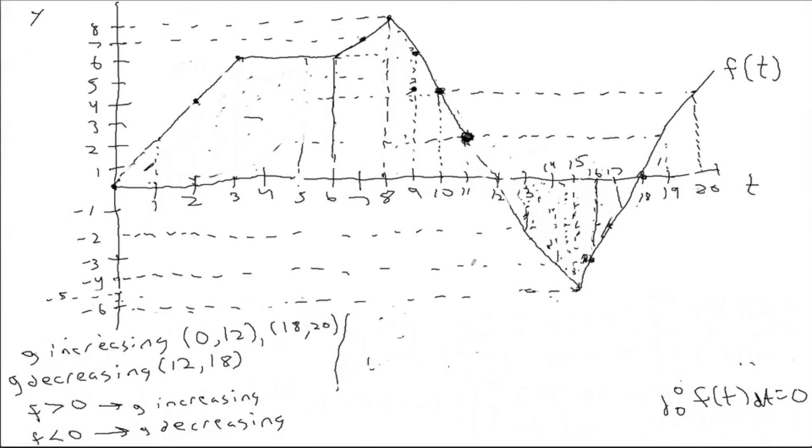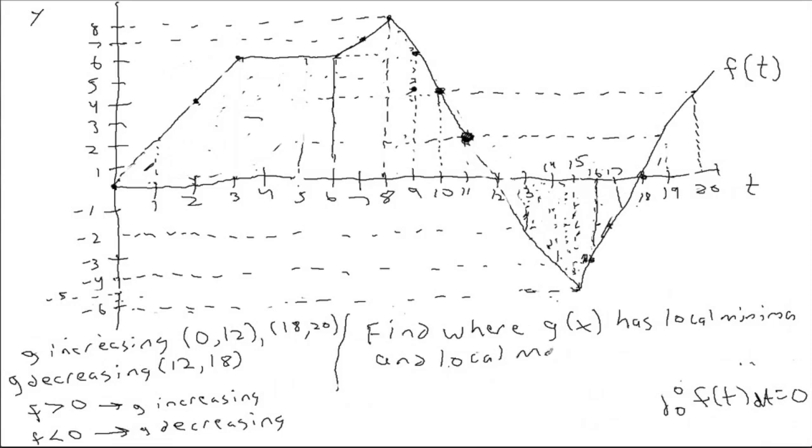Okay. So on this problem, G is increasing from, well, first we'd say F is positive from 0 to 12, which means G is increasing from 0 to 12.